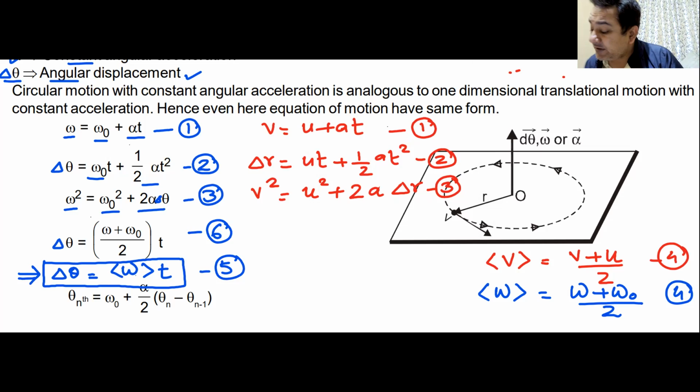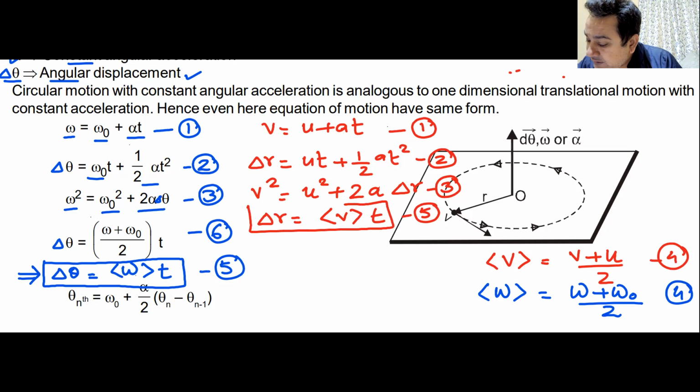Similarly, I can write equation number 5 and equation number 6 here. Equation number 5 here will be delta r is V average multiplied by t. I'm again writing it in a box so that you understand that this equation is always valid, because this is the definition of average velocity.